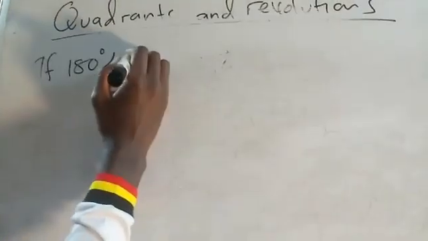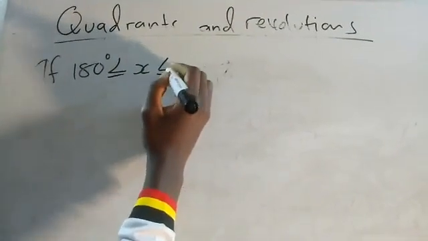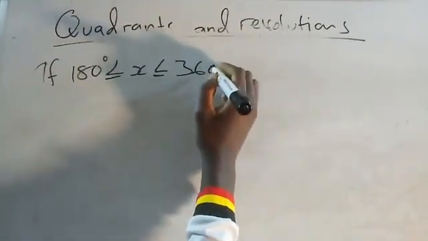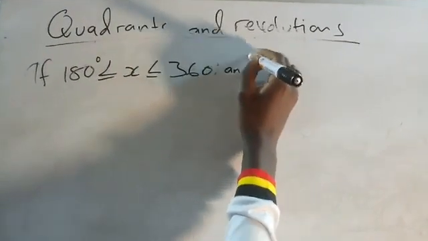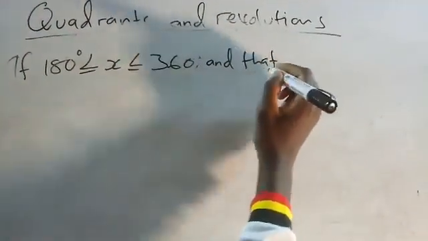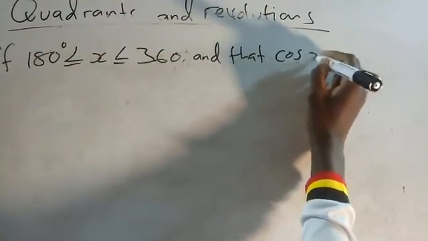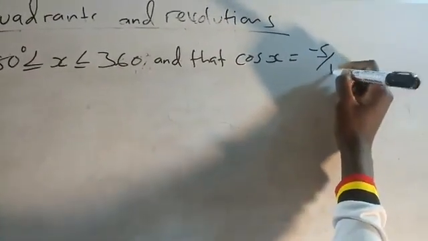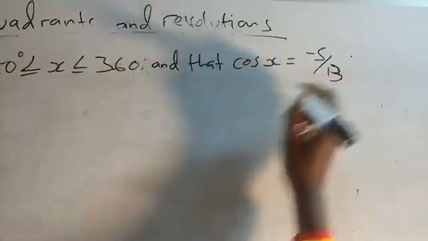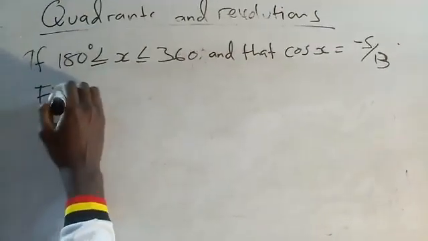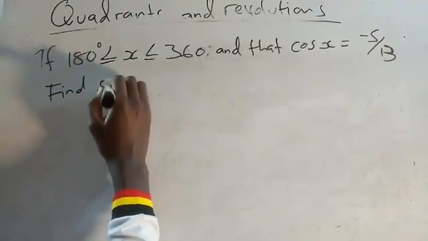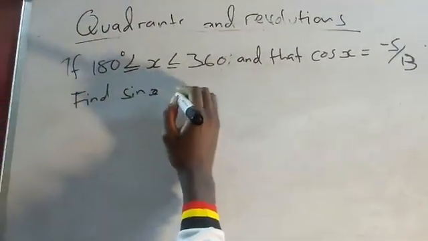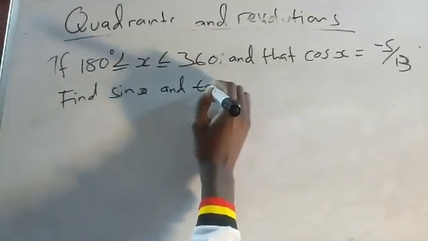If 180 degrees is less than or equal to x and x is less than or equal to 360, and given that cos x is equal to negative 5 over 13, find sine x and tan x.